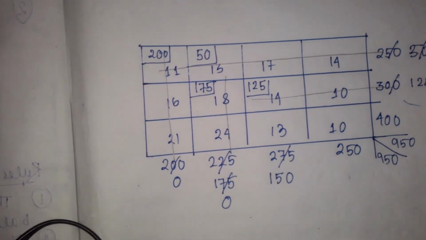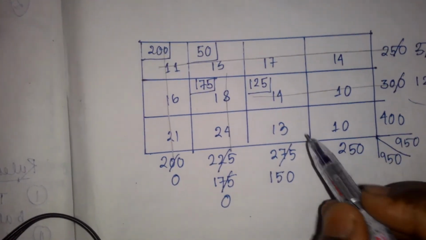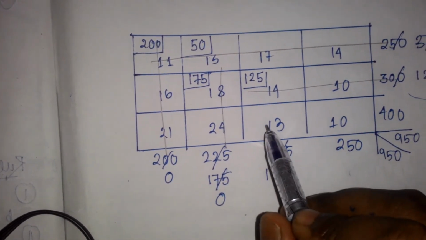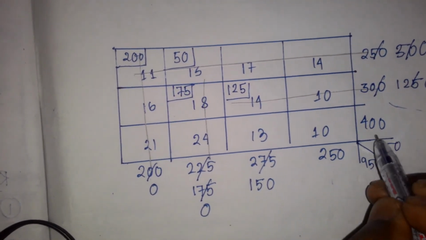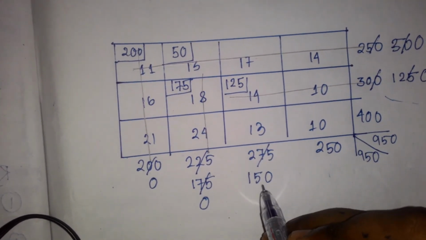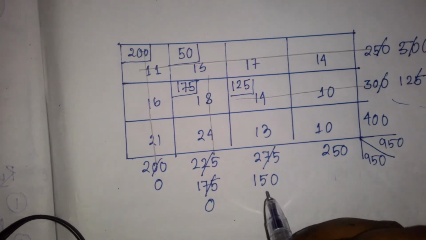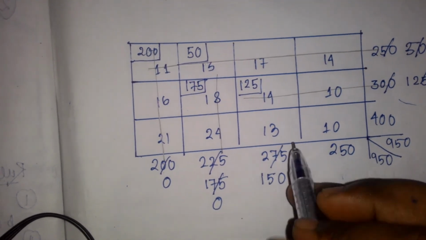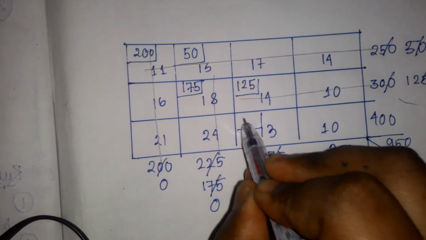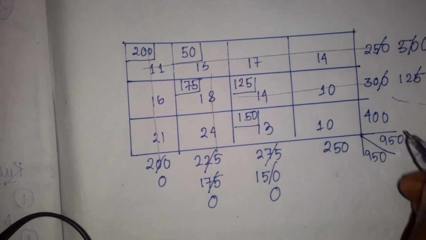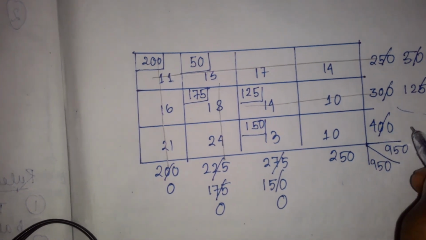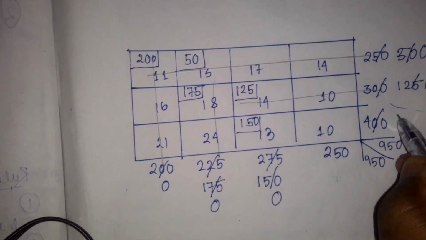Now the northwest corner of the matrix is here. The supply value is 400 and the demand value is 150. The lesser is 150, so the cost is marked with 150, and this will be 0 and this will be 250.